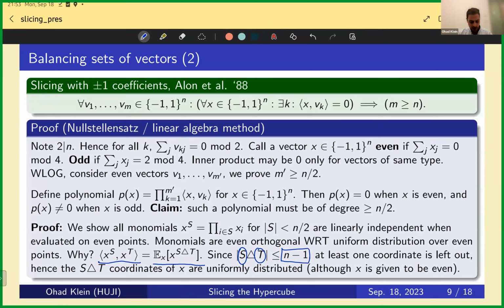And this inner product is the expected value of some monomial which leaves at least one coordinate of x outside.